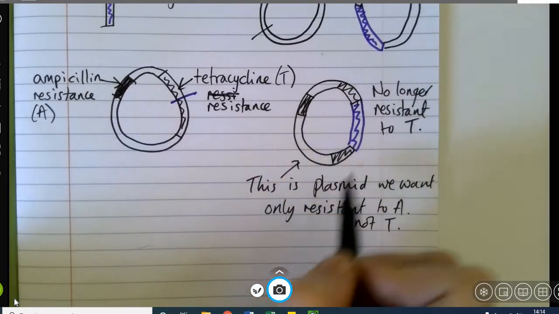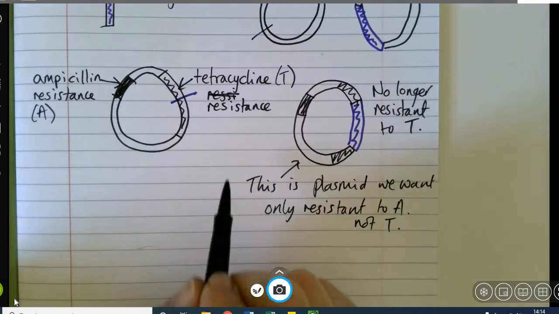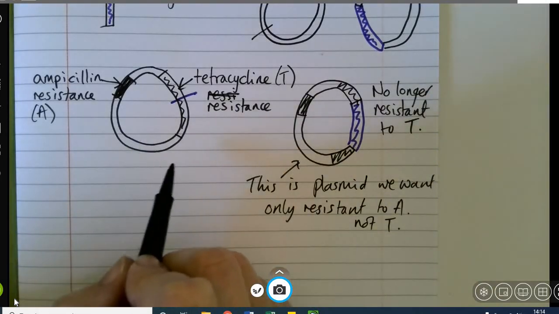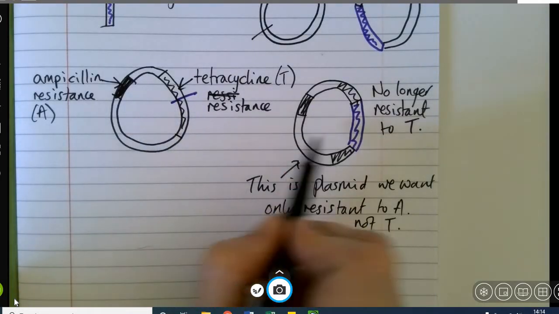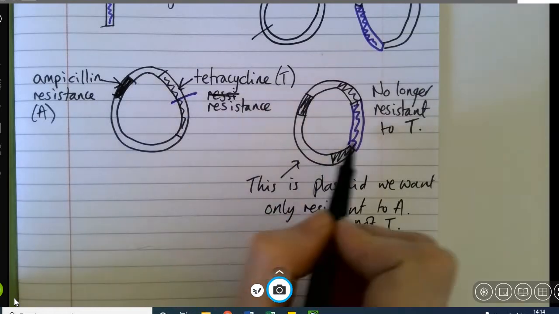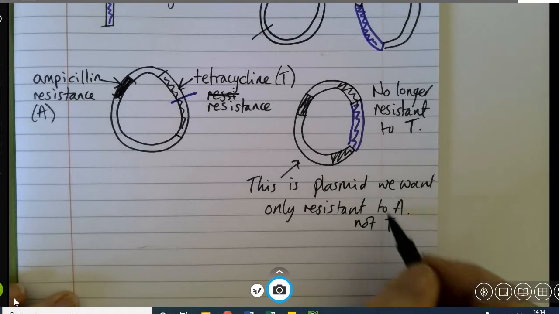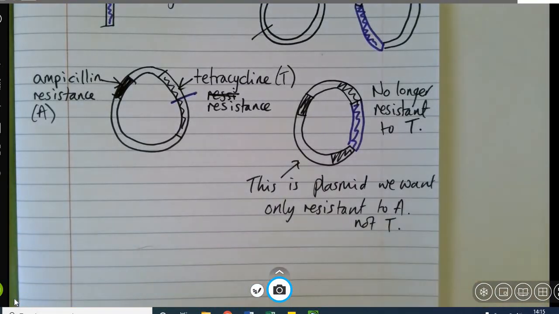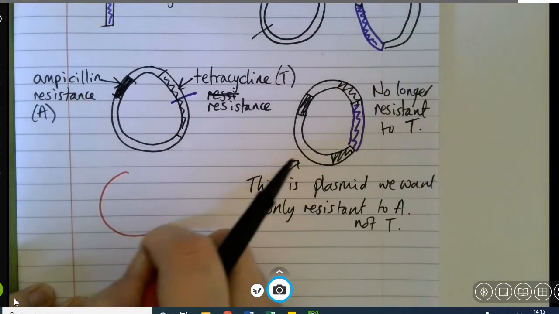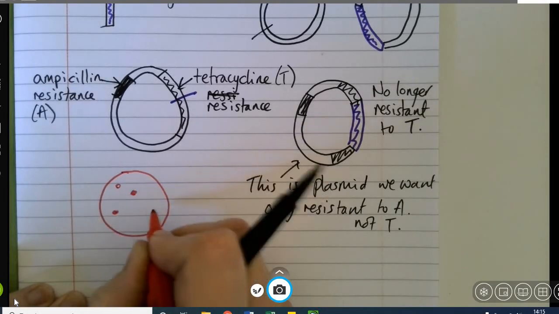So when these plasmids get taken back up by the bacteria, that's part of the process we do, those bacteria are going to be resistant to whichever antibiotics they've got the genes for. So all the ones we want are only resistant to A but not T. That means if I create a little bacterial colony, so say I get my petri dish and I grow these bacteria in here, there's going to be colonies in various places that form here.